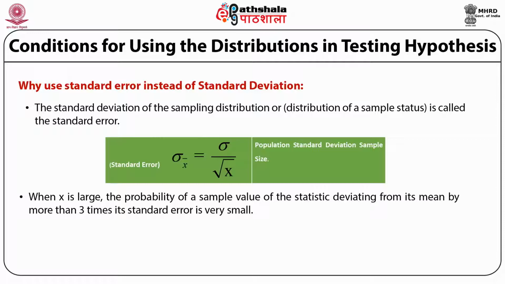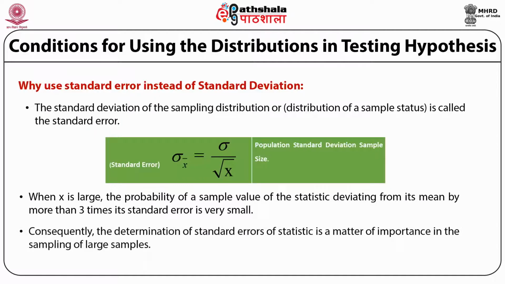We therefore apply this formula to find the degree of reliability of the statistic when inference is drawn about the population based on the data of a sample. Consequently, the determination of the standard error of statistics is a matter of importance in the sampling of large samples.